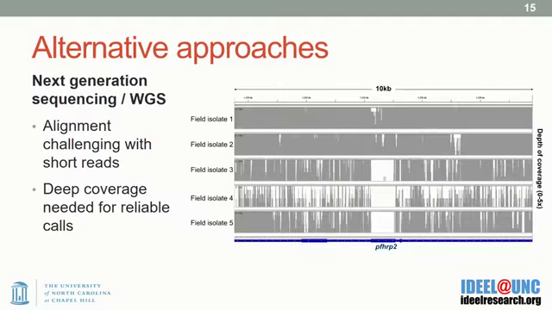Having talked a little bit about the PCR issues and the difficulty of proving that a deletion is there, there's an obvious appeal to using next generation sequencing approaches. However, these approaches are not free from some of these same issues. Using short read next generation sequencing technologies, you still have to deal with the problem of aligning these reads to a highly repetitive region involving genes that have high homology.